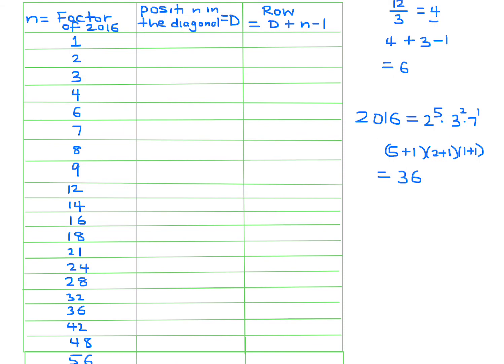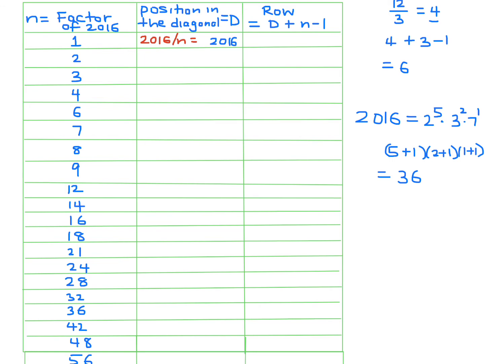Okay, so let's go to this table. When n is 1, the position in the nth row is 2016 divided by n. That's how you would get it. So I'm going to write that in red, because 2016 divided by n is how we're going to get D. Well, in this case, it's pretty straightforward. That's just 2016.